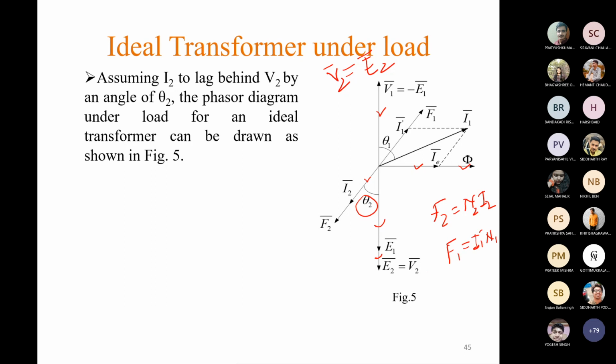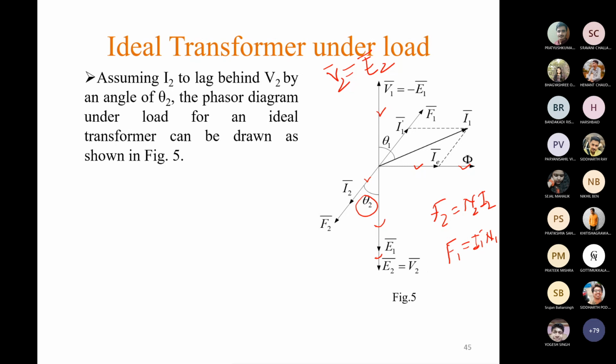Since F1 and F2 are equal and in opposite direction, therefore I1 dash and F1 are drawn opposite to that of F2 and I2. So I2 is opposite to that of I1 dash, F2 is opposite to that of F1. So I1 dash and I2 are not equal, but they are equivalent.